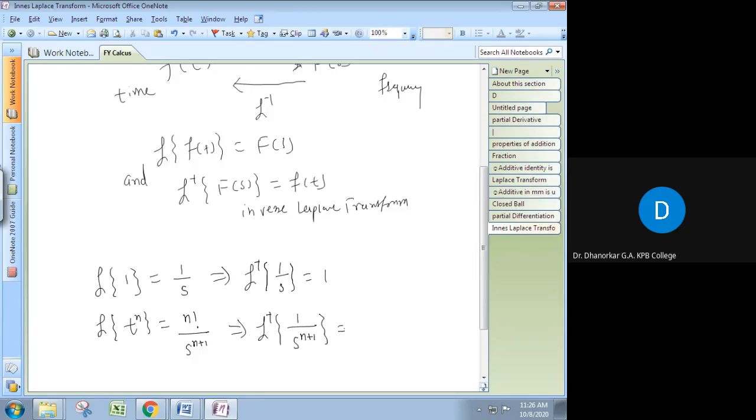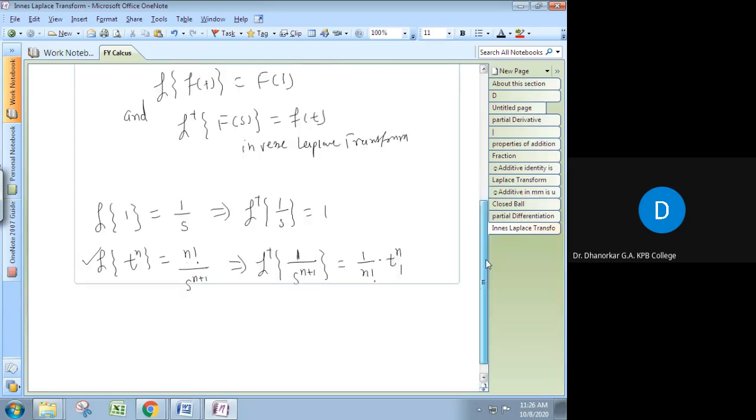We should have n factorial as the numerator, and that is not here, therefore we multiply by 1 upon n factorial and multiply by n factorial. Then we write 1 divided by n factorial, and the total term is nothing but the inverse Laplace transform for t raised to power n.